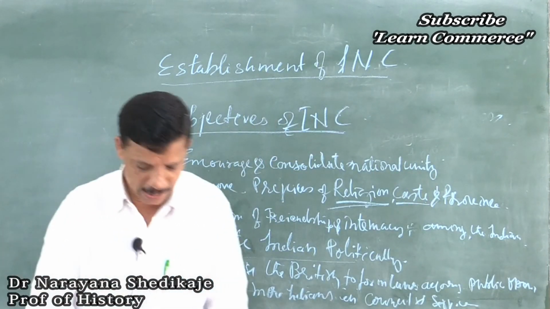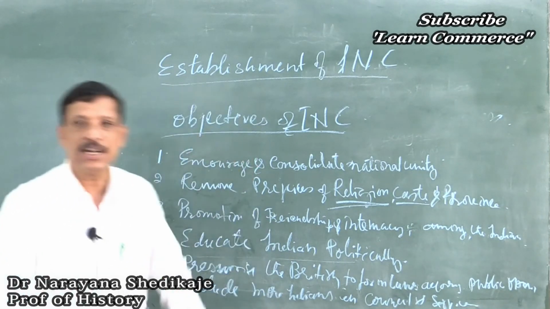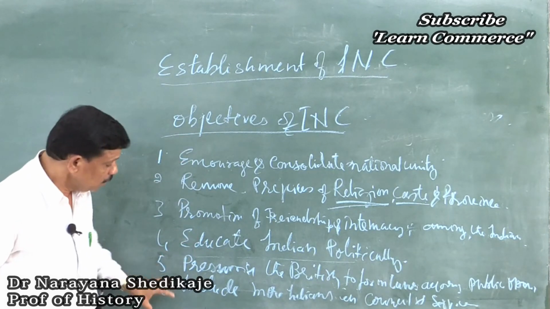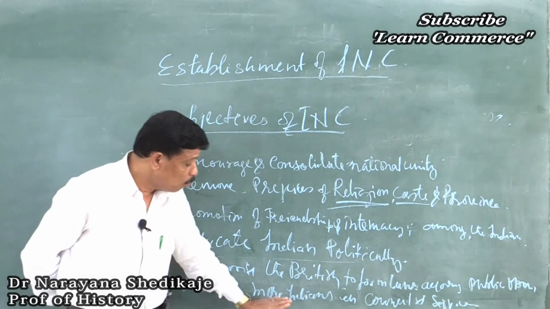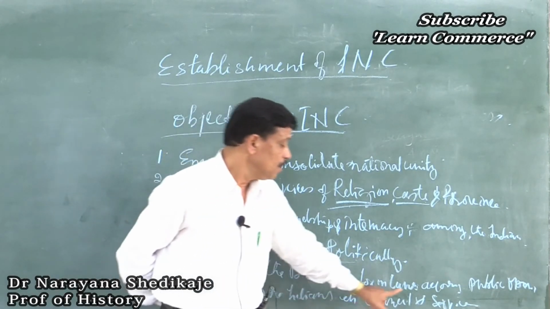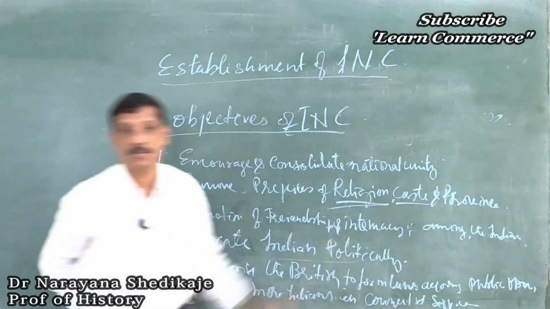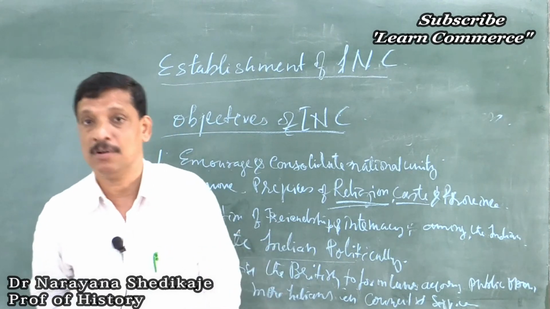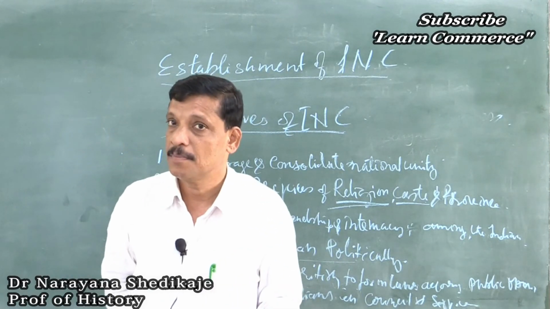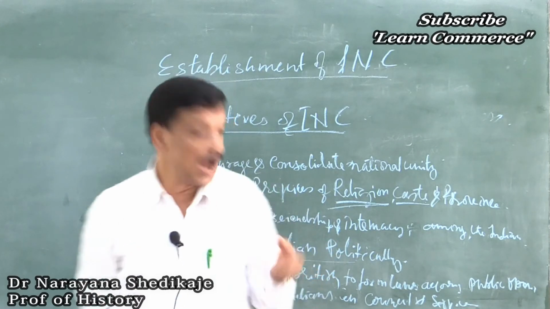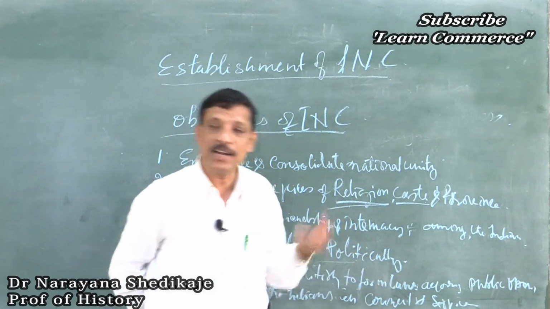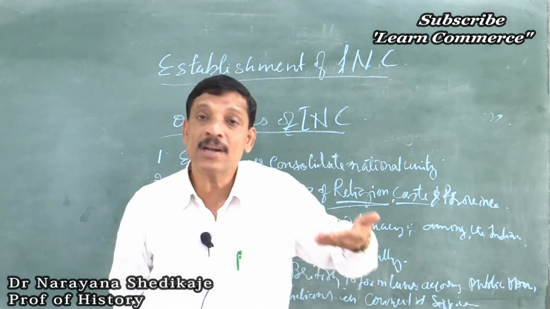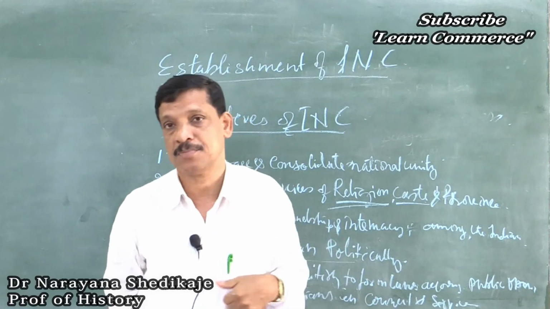One more aspect of why the Indian National Congress was established: the aim was to include more Indians in councils and services, because the number of Indians in the political council was very small. British were more, and in the civil services the number of Indians was less, whereas Indians were in the lower rank of services.